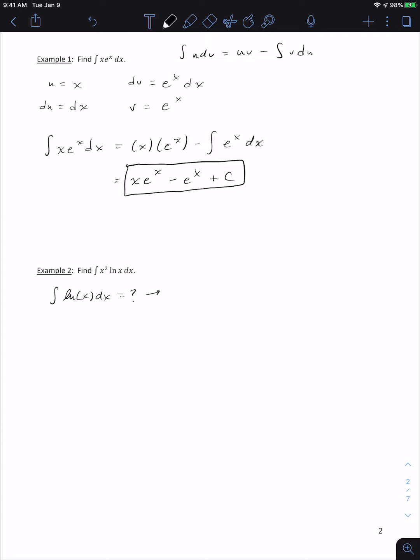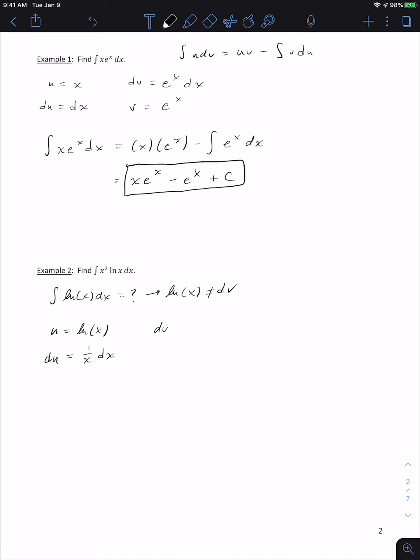So this means that ln of x cannot be my dv, because I don't know how to integrate that. So that means that u has to be ln of x, because I can take the derivative of the natural log. And so du over dx is 1 over x dx.